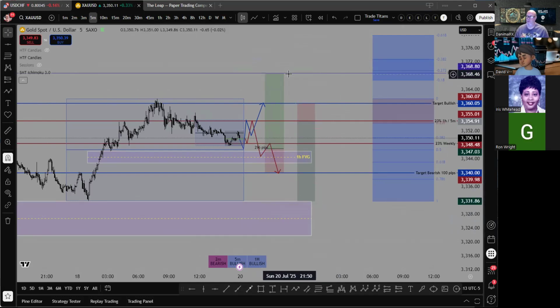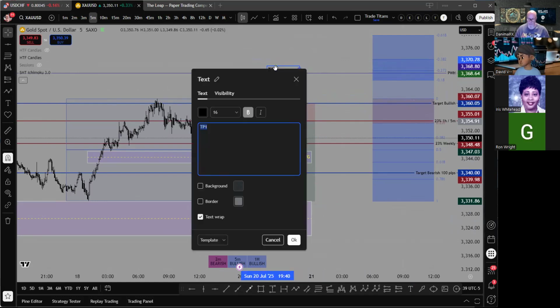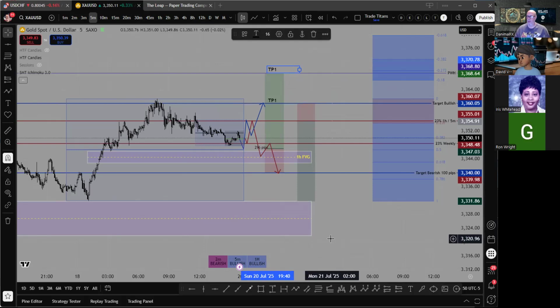So this would be TP1, and TP2 goes that way.